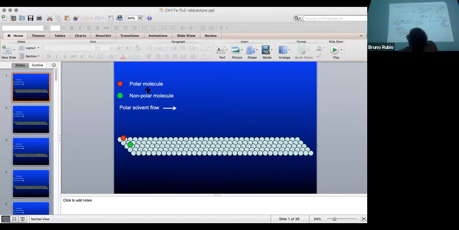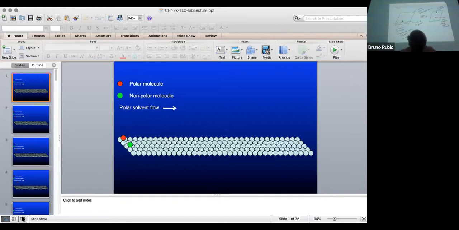What this animation is supposed to show is that the polar solvent is going to move the polar molecule farther and faster than it's going to move the non-polar molecule. So at the end of the experiment, the polar molecule is going to be way the heck up here, and the non-polar molecule will hardly have moved. And this is how we can affect separation using chromatography. It's all based on differences of polarity.